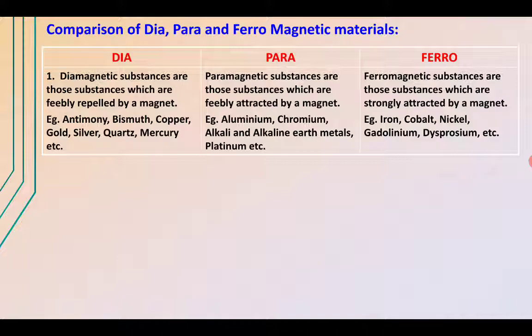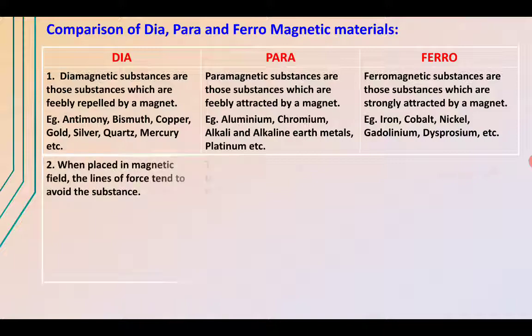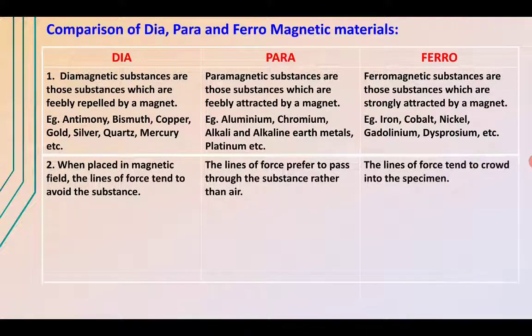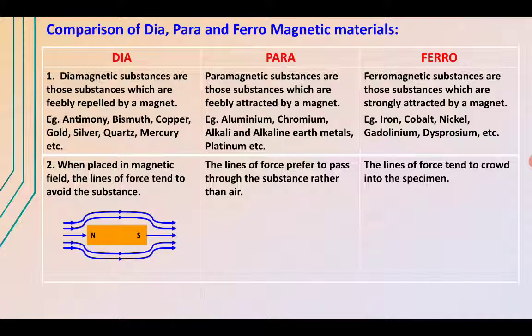and they are nickel, cobalt, dysprosium, gadolinium, etc. Now, when these diamagnetic materials are placed in the lines of force, that is magnetic lines of force, they avoid the substance. Now you can see from this diagram that the magnetic lines of force are moving apart, or in air, as compared to that through that substance.